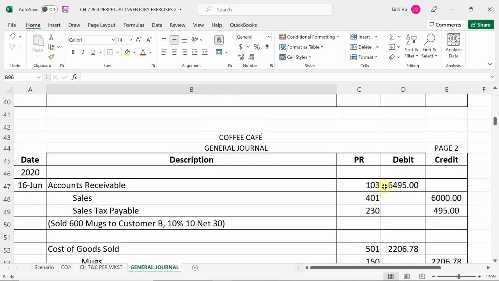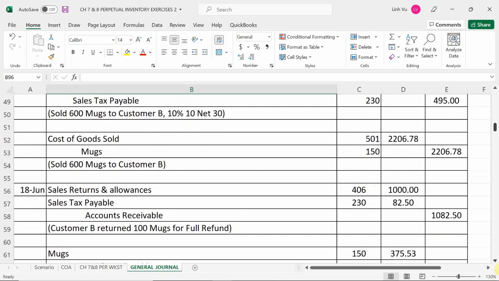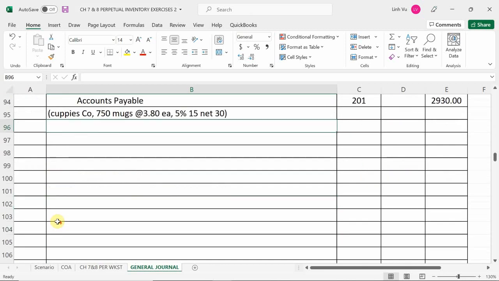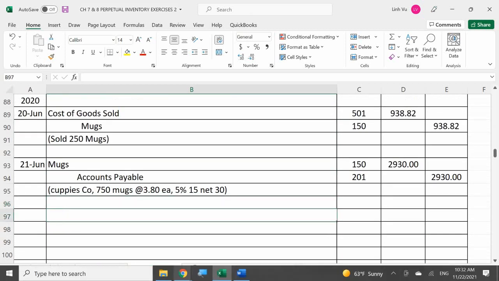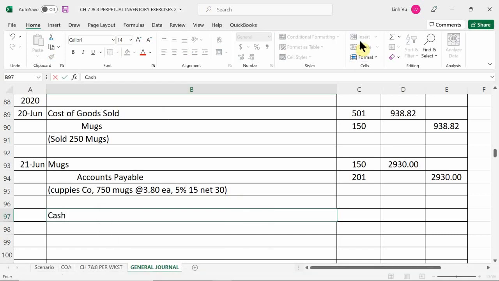Now, of course, let's see how much customer B actually owes me. Customer B, we calculated at $6,495, but then we end up making a refund for $1,082.50. So let's go ahead and map out my received payment here. I know for a fact that I'm going to be receiving cash. There's a sales discount because they paid within the discount period of 10%.